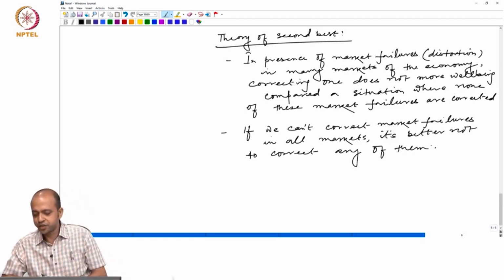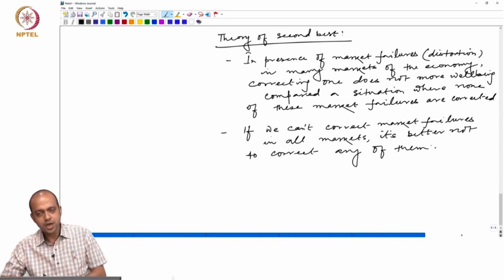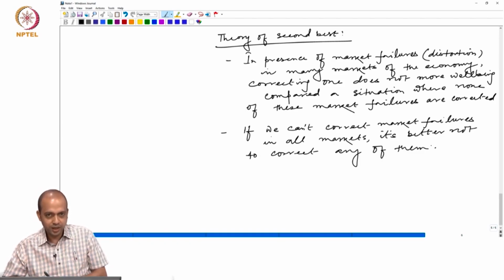This is called theories of second best. Okay? In presence of market failure in all so many markets, it is better not to correct any of them if you cannot correct them all. Right? That is called theories of second best.